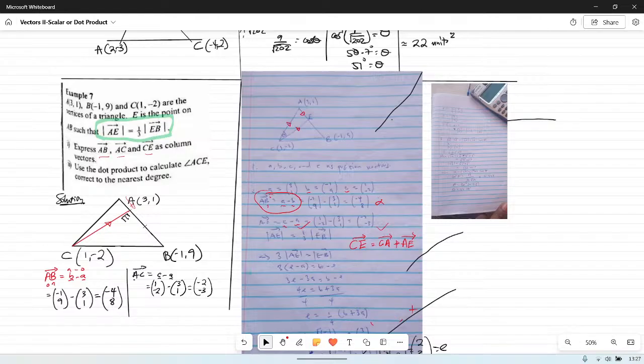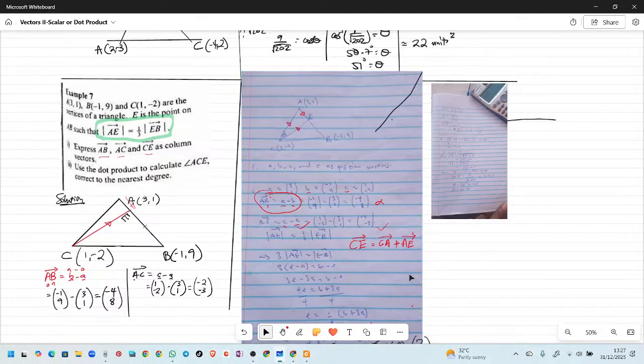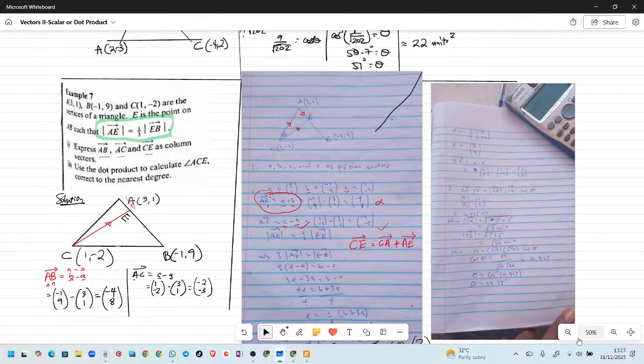Okay, I think you may be right because of the listing, the magnitudes.